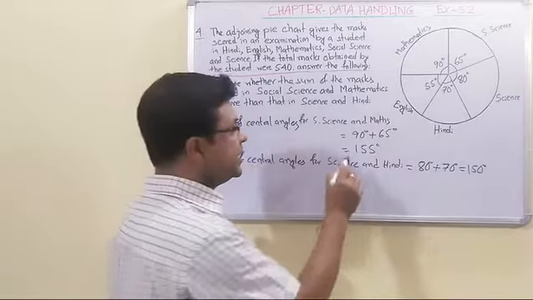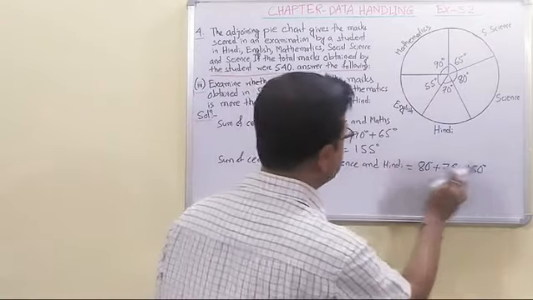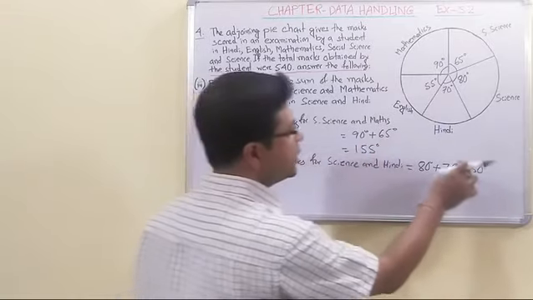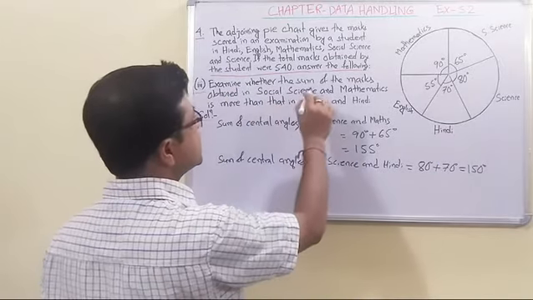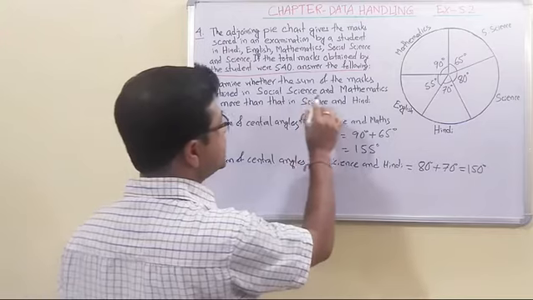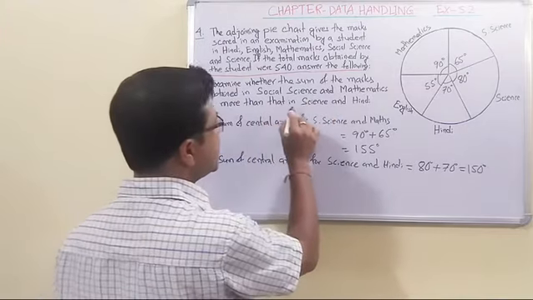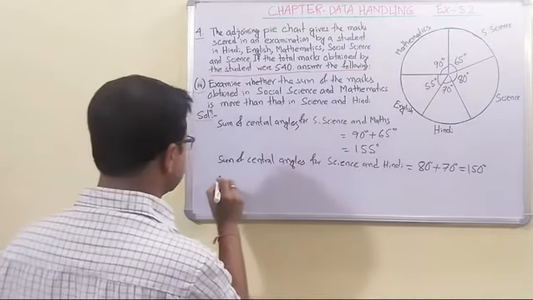Now dear students, we can easily compare these two angles. Obviously this 155 degrees is more than 150 degrees. So what statement do we have to write? Yes, the sum of the marks obtained in social science and mathematics is more than that in science and Hindi. So let us write it down.